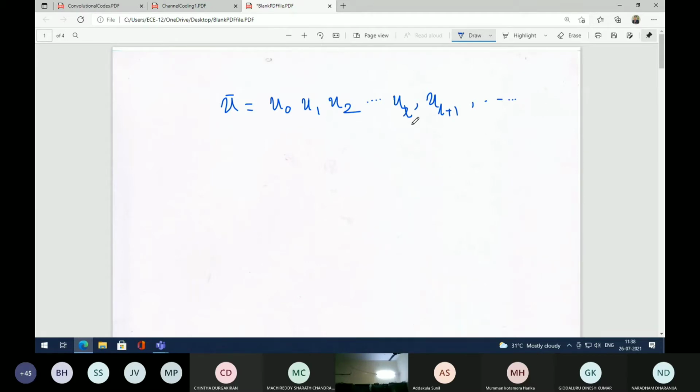What is the meaning of this L now? Suppose, how do you get this bit information? Let us say this is one bit, and this is another bit. It's a bit sequence. What is the time difference between these two? One bit duration. You can have it as TB or something like that.